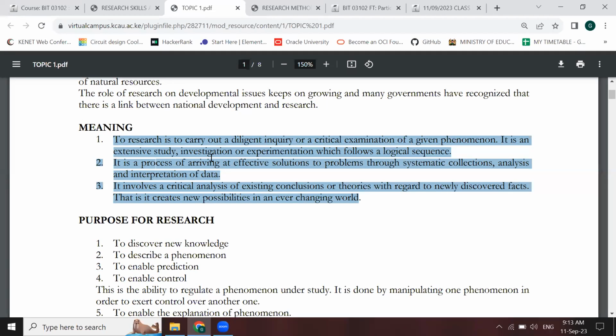Where we are in this field of ICT, or even in the world that we are in, we have a general amount of knowledge. Knowledge is all over out there. But if you want to generalize that concept, or you want to come up with concrete information that will assist you to decide on something, yes, it's okay that you conduct data collection, so that you can even convince the individuals who will be presenting your results that your work is legit and it can be used to make a particular decision.